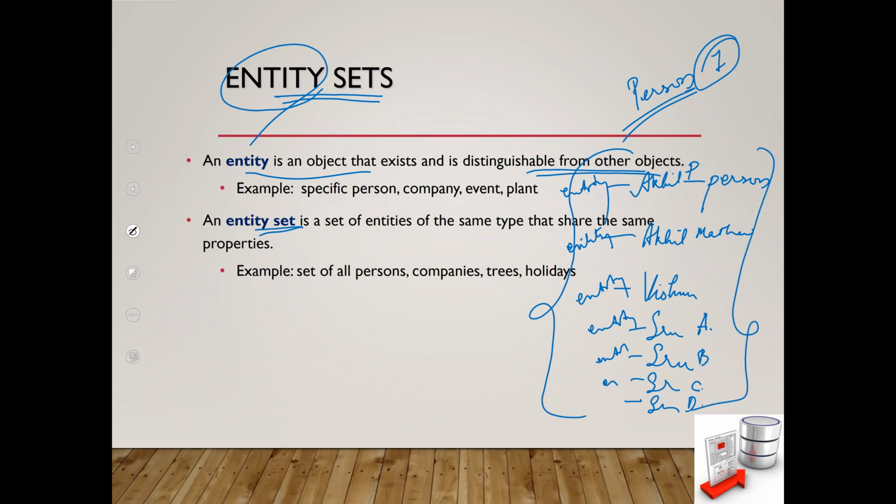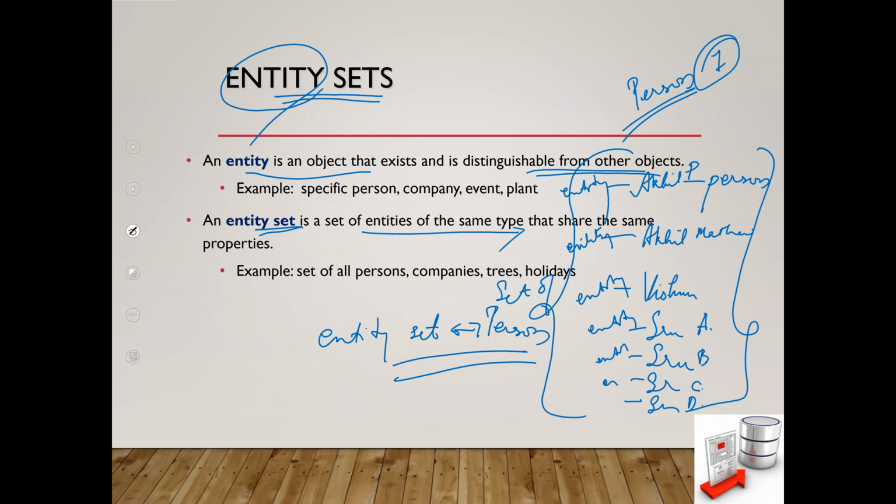I do have 7 people over here, and I say that all these 7 people belong to the entity set called person. So this is a set of persons, and each person is distinguishable from another person. So an entity is an object, and an entity set is a set of entities of the same type.